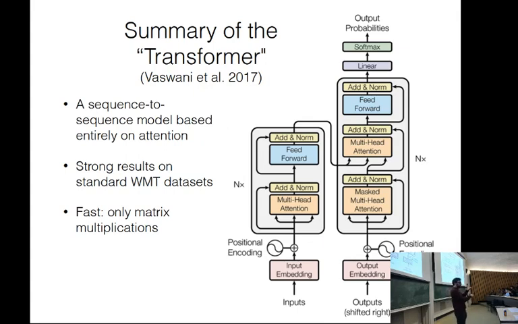If we have 8 heads, then we will use 64 for each of them. If we have 4, we will use 128 for each of them.